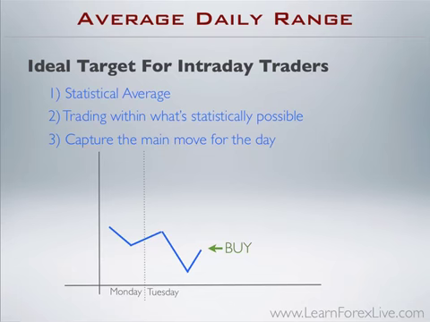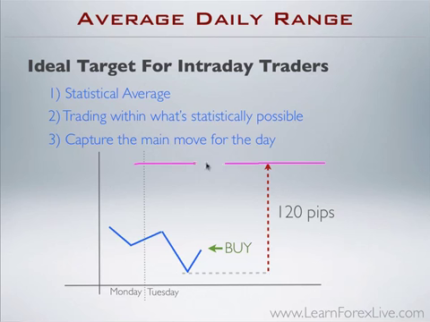So what you want to do now is to take the low for the day and project 120 pips to the upside. And that would take us all the way up there. And now we know at what level we may find some exhaustion from a statistical point of view on this currency pair. Do you see where I am getting down to here?